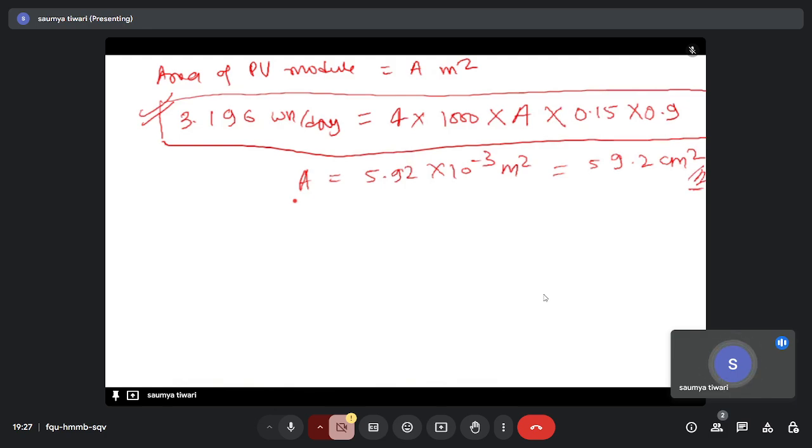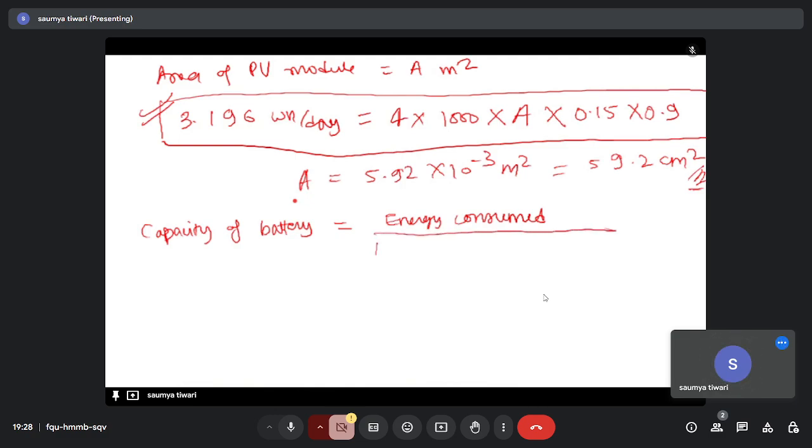So the capacity of the battery will be the energy consumed upon your battery voltage into your battery discharge efficiency into your depth of discharge.